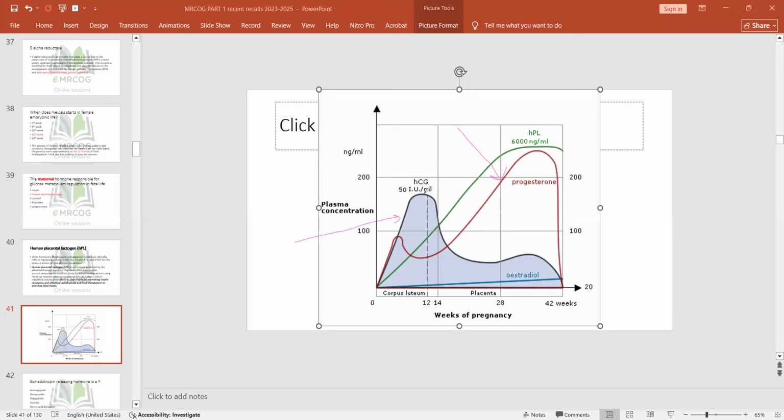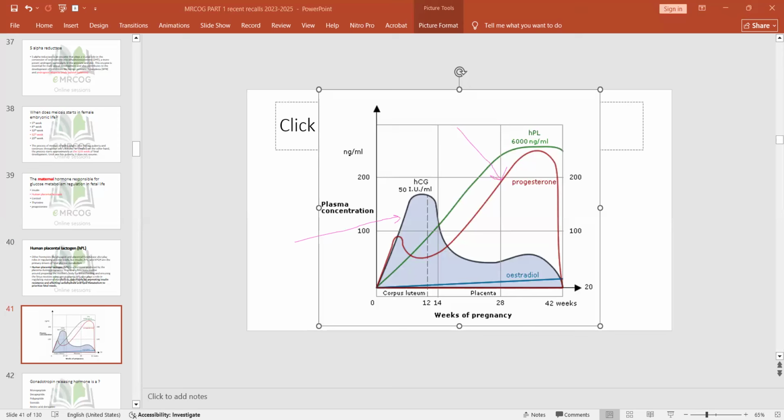What would be the purpose of HCG in the beginning of pregnancy? To support the corpus luteum to secrete progesterone. But when the placenta is now ready to secrete progesterone, the HCG is going to come down. Got it, guys?